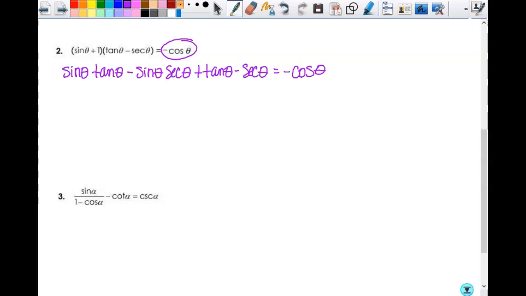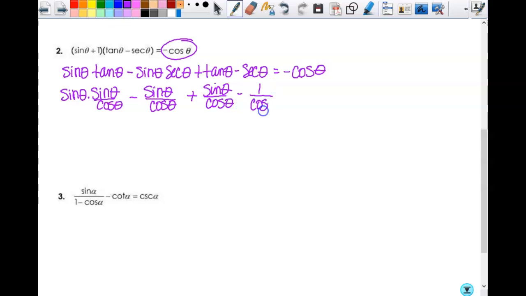Okay, so got a lot going on the left-hand side. I think I want to look at my reciprocals and my quotients. So this is going to be sine theta times sine theta over cosine theta minus sine theta over, so secant is 1 over cosine theta, plus tangent is sine theta over cosine theta, minus 1 over cosine theta, equals negative cosine theta.